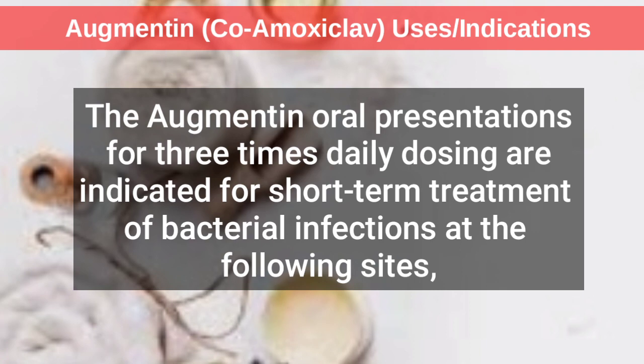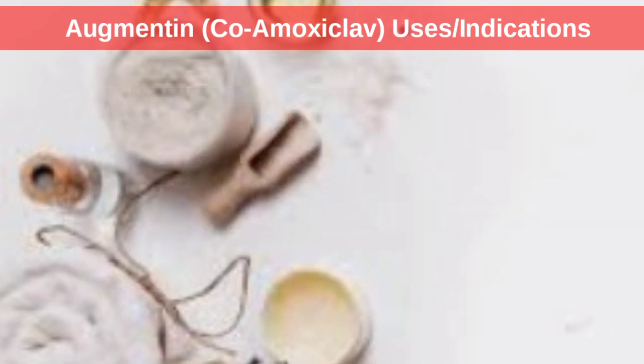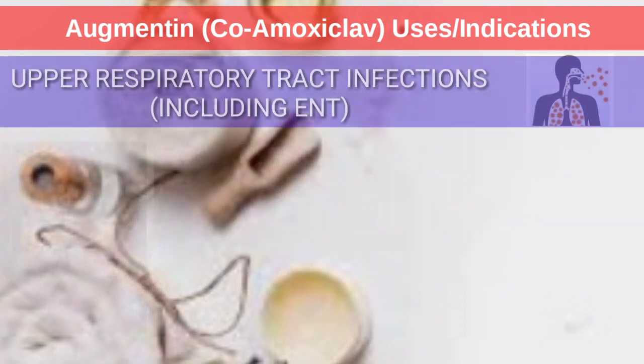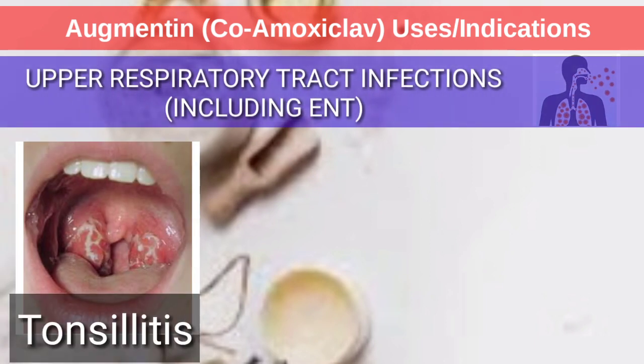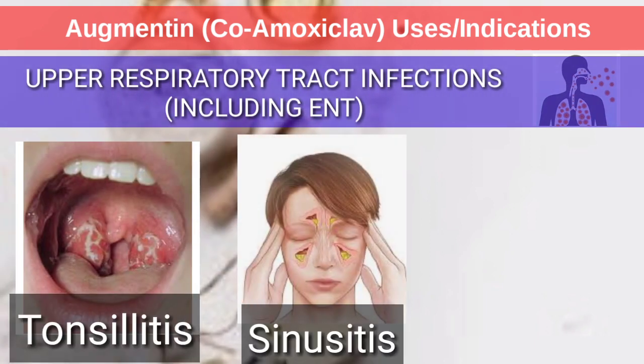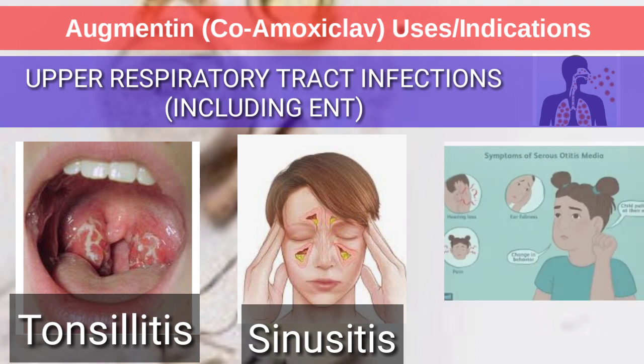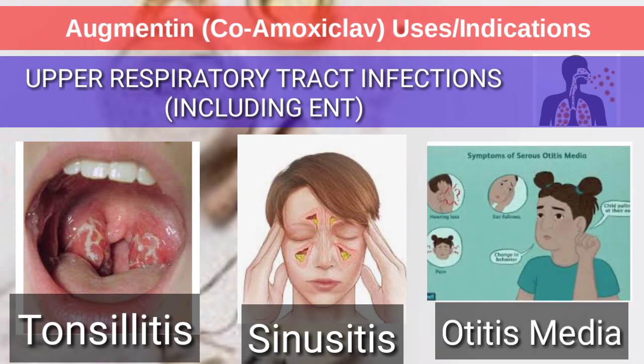Augmentin oral presentations for 3 times daily dosing are indicated for the short-term treatment of bacterial infections at the following sites: upper respiratory tract infections including ENT, for example tonsillitis, sinusitis, and otitis media.